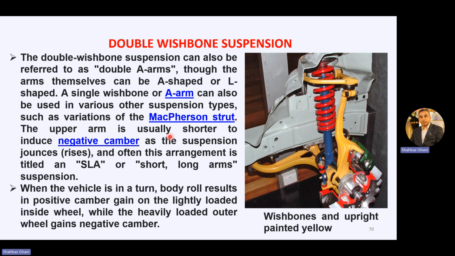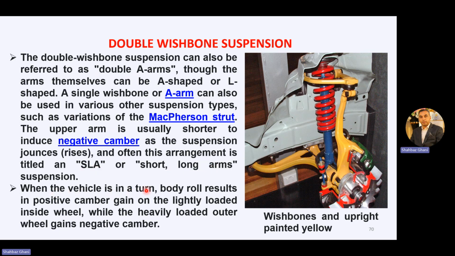The upper arm is usually shorter to induce negative camber. We will study these terminologies in the next chapter, the steering chapter. The upper arm is usually shorter to induce negative camber as the suspension jounce rises, and often this arrangement is titled SLA, or short long arm suspension.